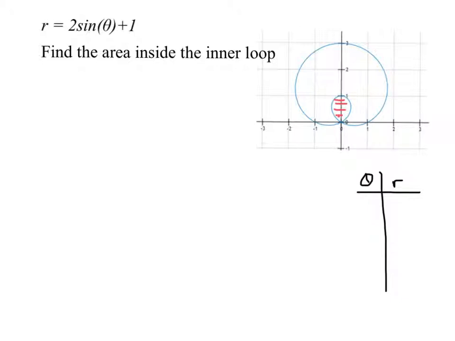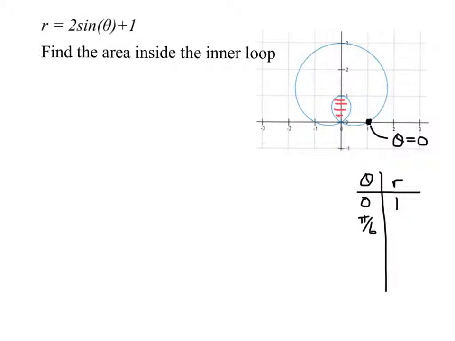If I plug in 0, the sine of 0 is 0. So 2 times 0 is 0, plus 1 is 1. So when the angle is 0, r is 1. This point right here is when theta equals 0. And then you could plug in another easy one, maybe like pi over 6.